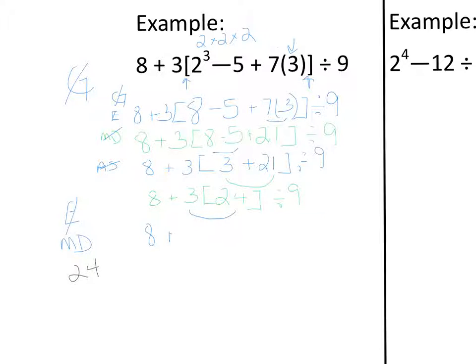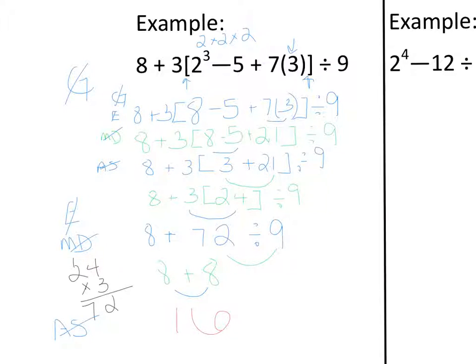And for 3 times 24, we get 72. And now we can do the division of 72 divided by 9, which we know to be 8. And our last step is to do our addition and subtraction. And all we have left is 8 plus 8, and so we end up with 16 as our final answer.